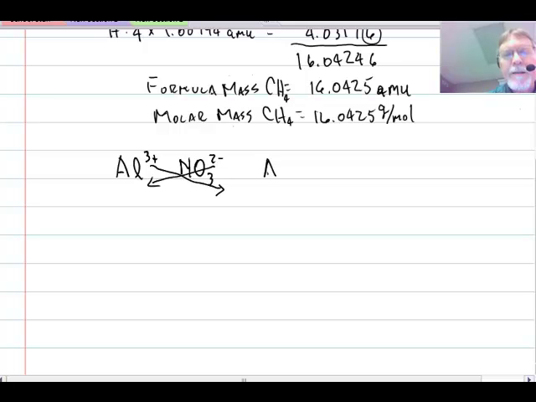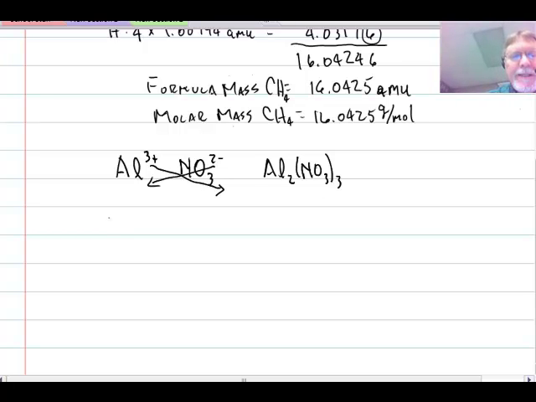So we get Al, and then because we have 3 NO3 units, we have to put that in parentheses, Al(NO3)3. All right, and what this tells us then is that we have 1 aluminum, 3 nitrogen, and 3 times 3 is 9 oxygen atoms in one formula unit of aluminum nitrate. Notice we cannot actually say a molecule because that's not a molecular substance.